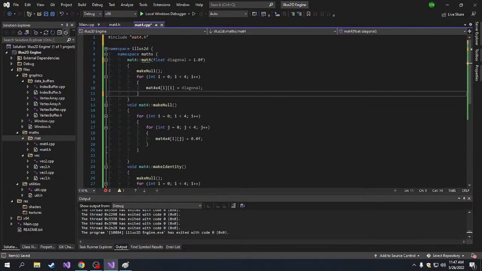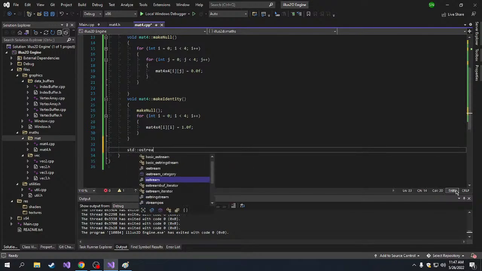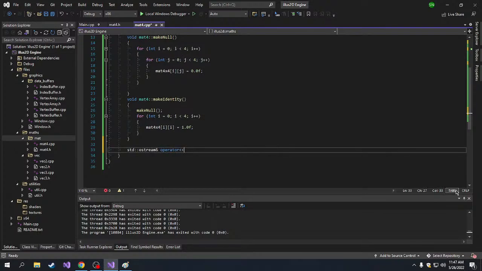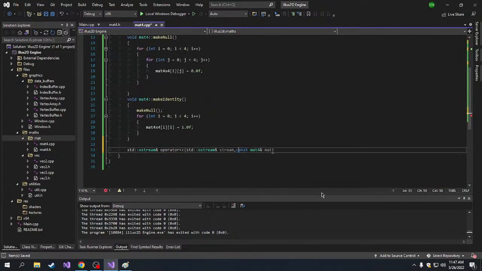I'll define the function inside here, down here. std ostream reference operator, comma, std ostream reference stream, mat4 reference mat. We'll probably make it const as well, of course. Const mat4 reference mat. Awesome. Okay, and we'll define the body.